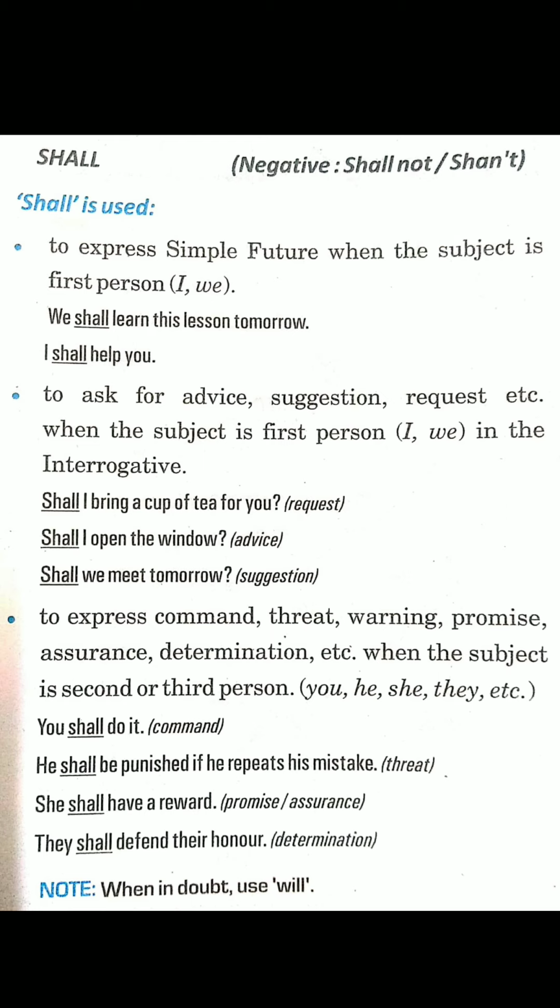However, with second and third person subjects, shall expresses promise, intention, determination, order, command, threat, permission. Like, shall I bring a cup of tea for you? That is request. Shall I open the window? That is advice. Shall we meet tomorrow? That is suggestion.